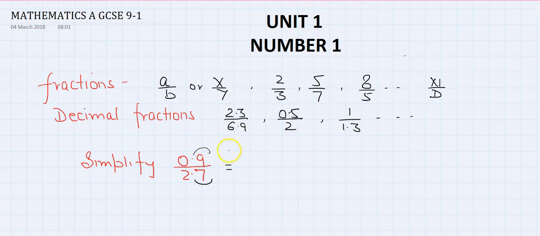In that case we remove the decimal and write it as 9 over 27. Now the factors of 9 are 3 multiplied by 3, and the factors of 27 are 3 multiplied by 3 multiplied by 3. We can cancel the 3s, so our answer will be 1 over 3.